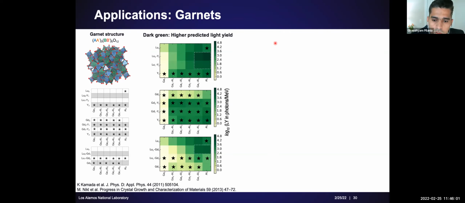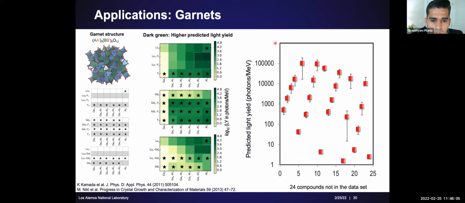Now if you just focus on those 24 compounds that are not part of the original data, this is how the predictions look. I won't read too much into the quantitative scale because this is really a small data set, and we are not really sure about how much we can trust these numbers. But the qualitative trend should be meaningful.